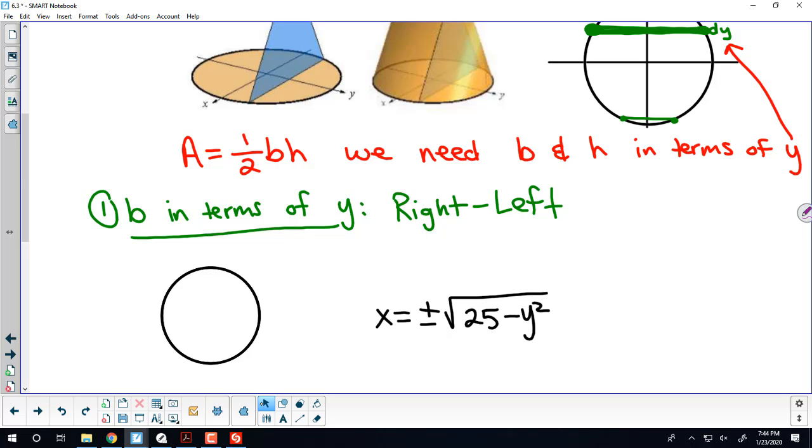The positive x, of course, is this piece over here, and the negative x over here. Does that make sense? Anybody have any questions?